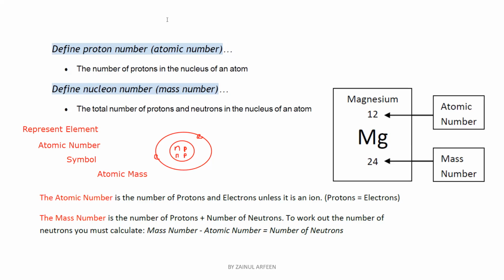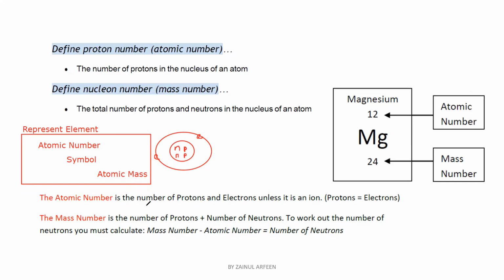So this is how we represent an element. But what is atomic number and what is atomic mass?